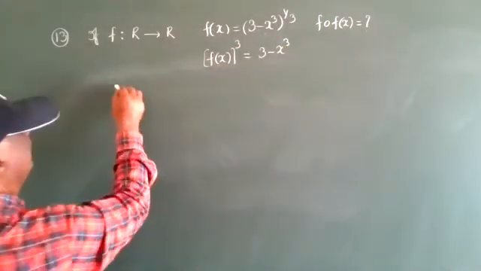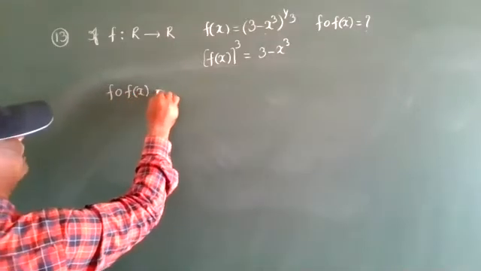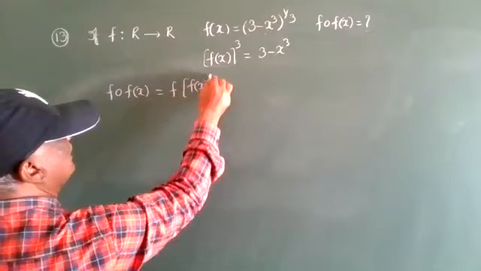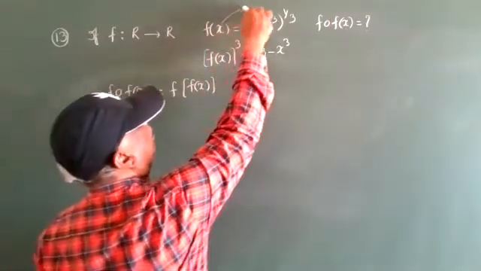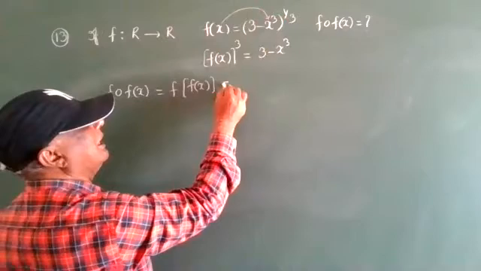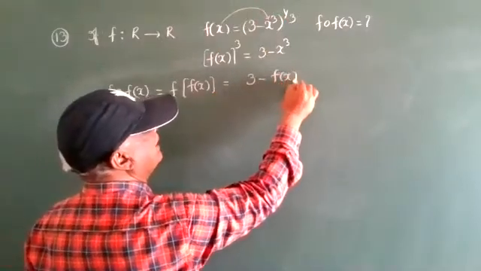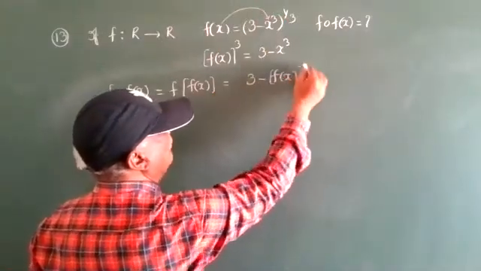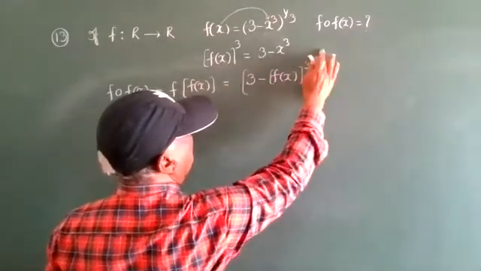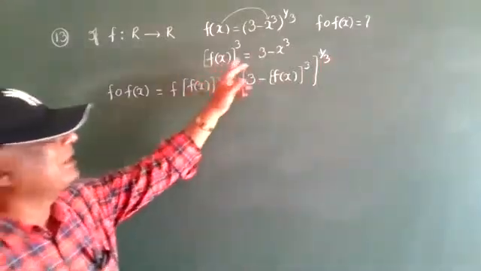Now I will take f circle f at x, which means f of f of x. Here x is there, we write x only. Here f of x is there, so 3 minus f of x cube, whole power of 1 by 3. What is the f of x cube value?